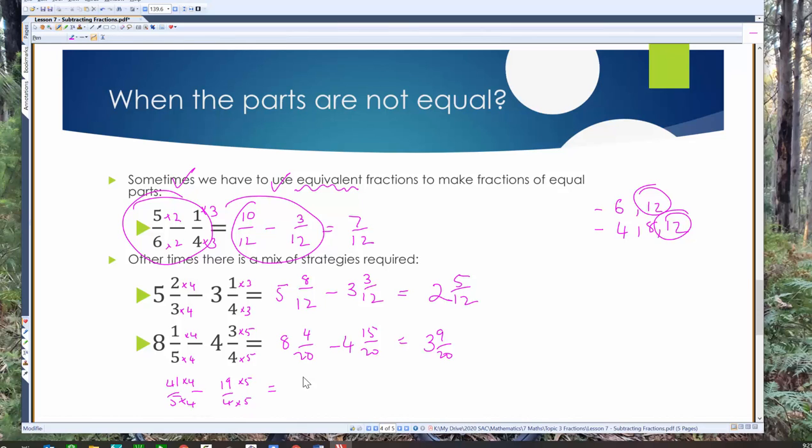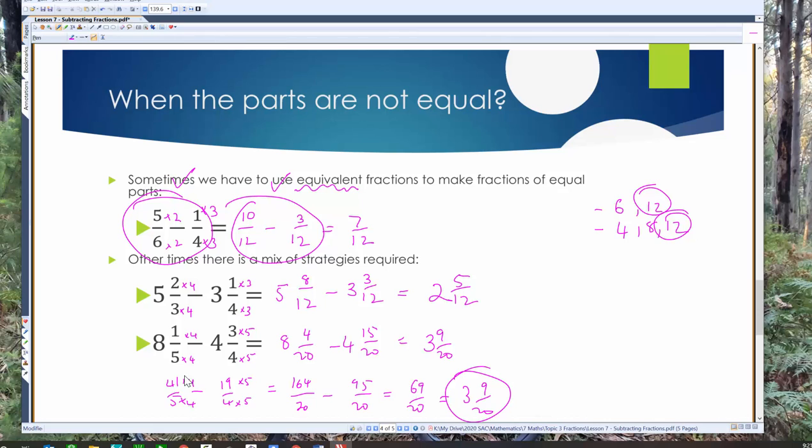I think 4 times 41 is 164 over 20. Take away 19 times 5 is, that's going to be 95 over 20. That then equals 69 over 20, or 3 and 9 on 20 if you wanted to convert to a mixed fraction.